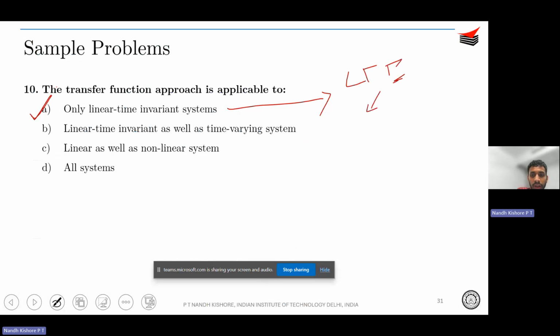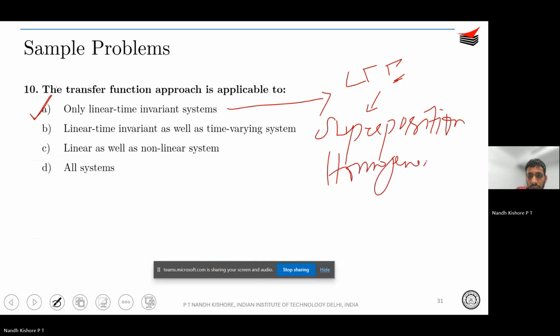Linear systems should satisfy the principles of superposition and homogeneity. So the transfer function approach is applicable only to linear time invariant systems.